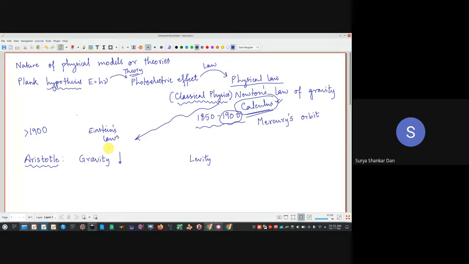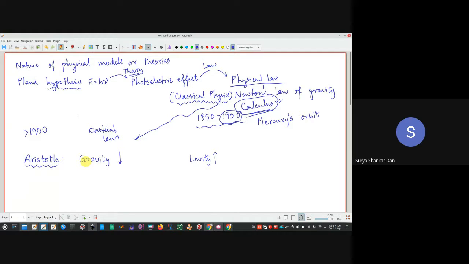It will always fall down. Levity is the property that the particles or matter will essentially go up. As simple as that. Remember, this is Aristotle, during the time of Alexander, the golden age of the Greeks.